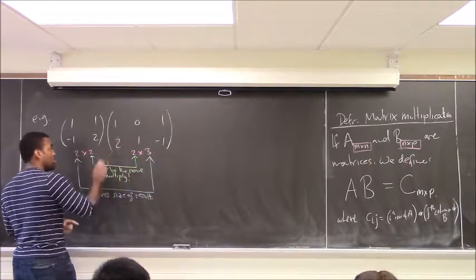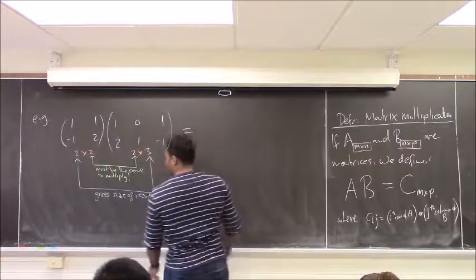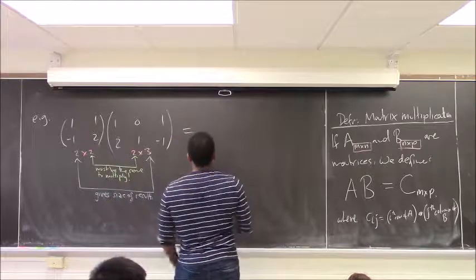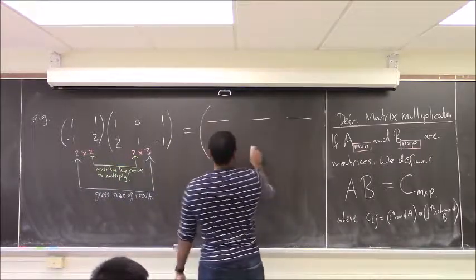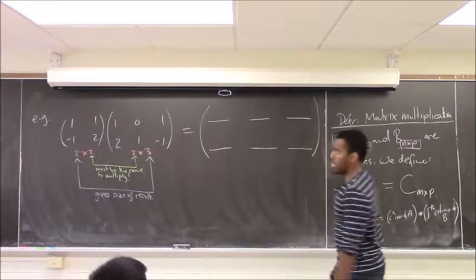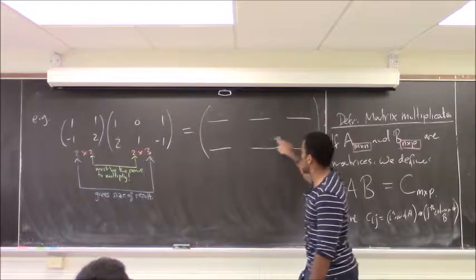So I know that if I multiply these two guys, the result is going to be another 2 by 3 matrix. It's going to have something that looks like this. There are going to be 6 entries arranged in that fashion. Now, how do I figure out what the entries are?